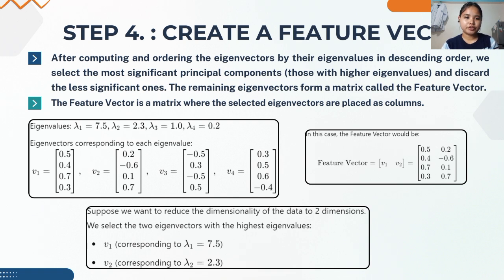Suppose we want to reduce the dimensionality of the data from 4 to a 2-dimensional data. So we select the 2 eigenvectors with the highest eigenvalues. The highest eigenvalues are lambda 1 and lambda 2. So in this case, our feature vector would be this one, combining v sub 1 and v sub 2. So we have this one.